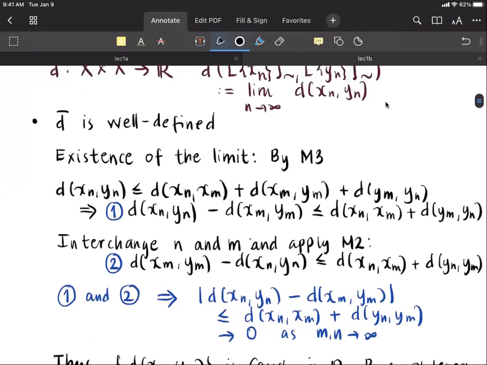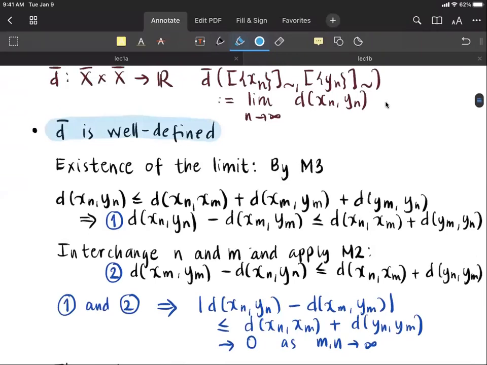So that's the first part in proving that it is well defined.